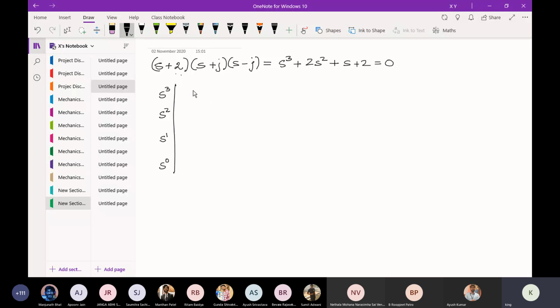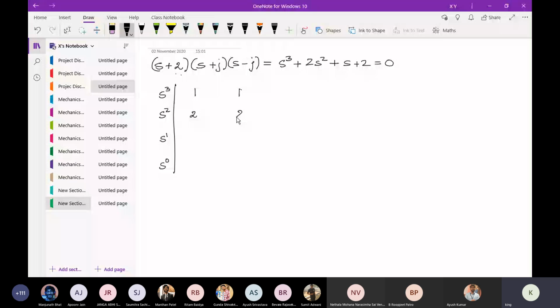So s cube, this is going to contribute 1, s square is going to contribute 2, then after s cube, first row we have s, which is going to contribute 1, and here again another 2 from s to the power 0.